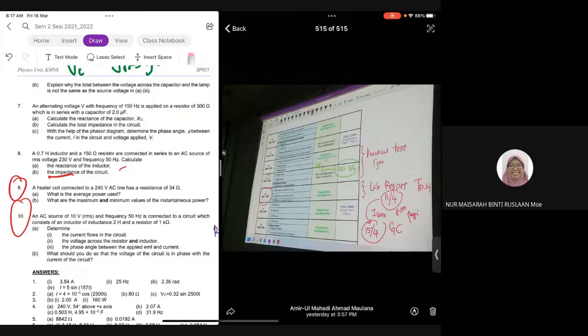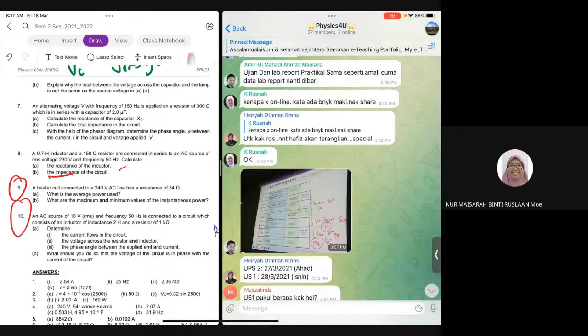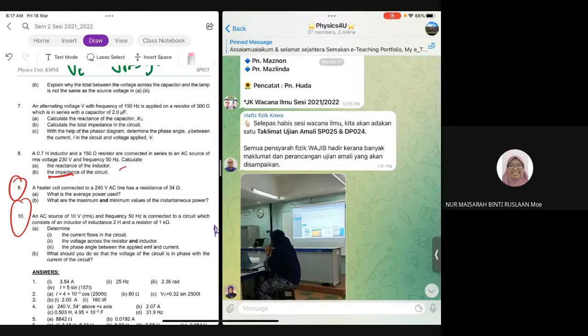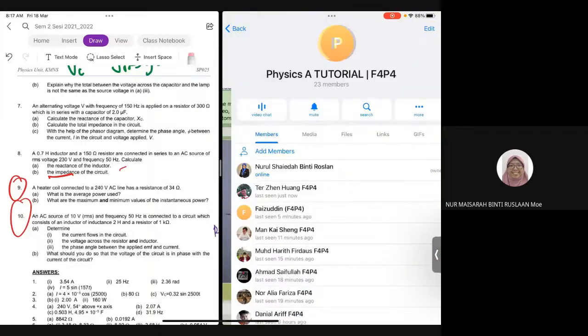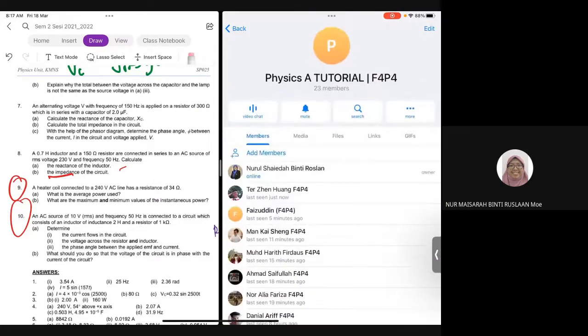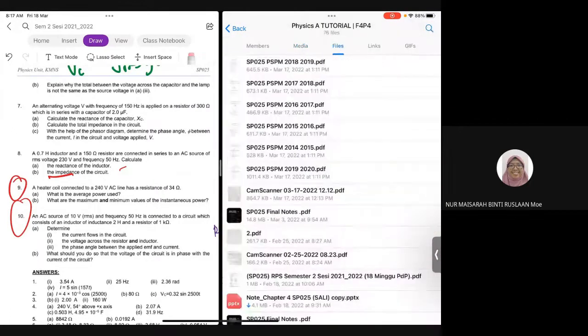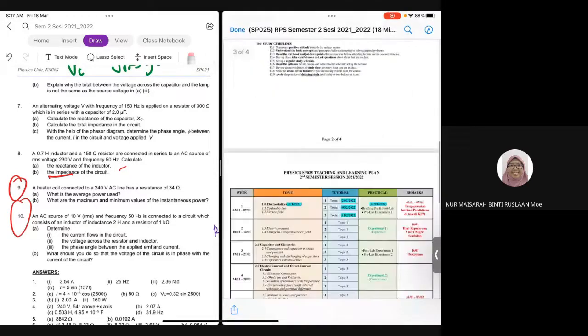Kan ni SES, tak bagi lah kat situ. Bagi tu soalan. Okey. Kuat ni kejap ya.